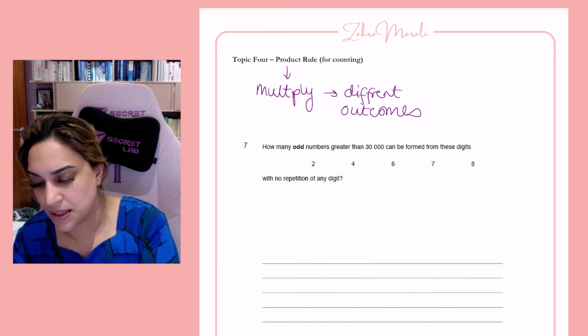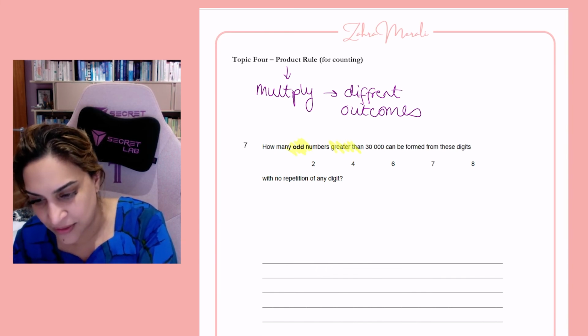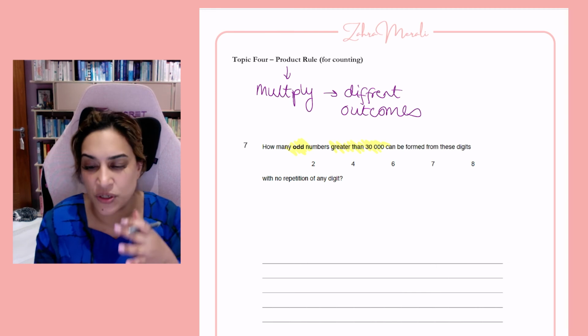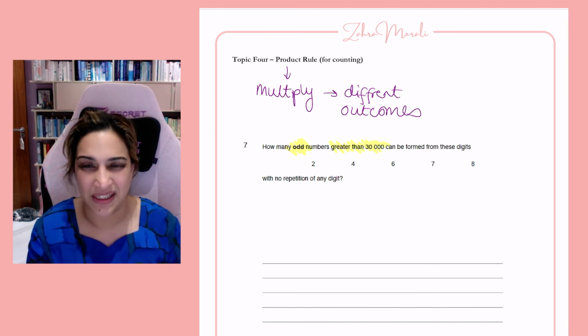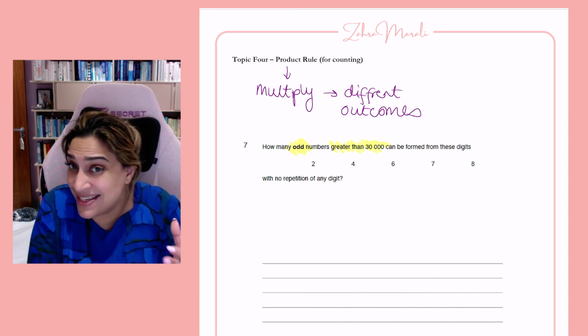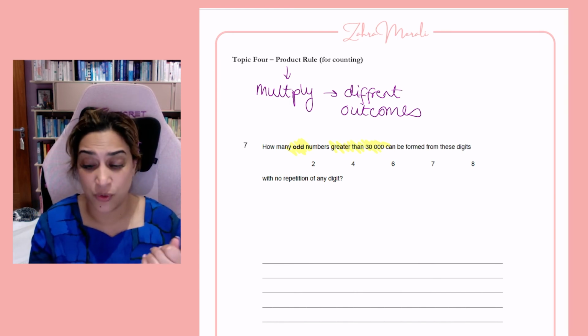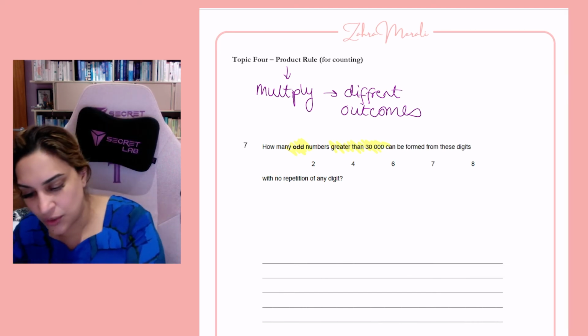Our first question asks us how many odd numbers are greater than 30,000. So that's our important bits of information. We want it to be an odd number. Okay, so an odd number can't end in an even number. So that rules out 2, rules out 4, rules out 6, and rules out 8.